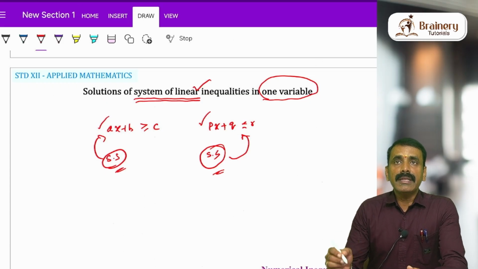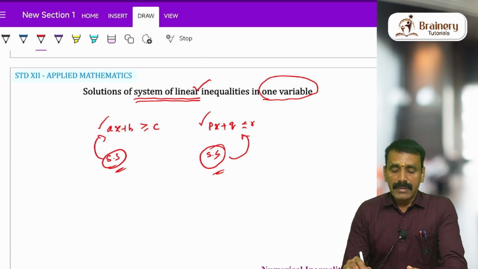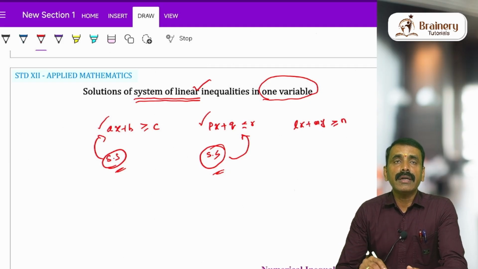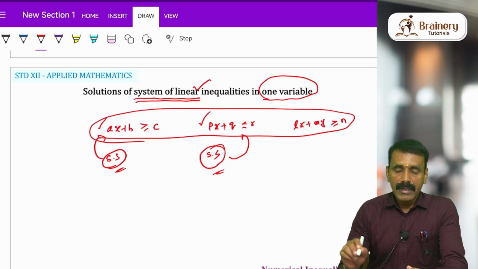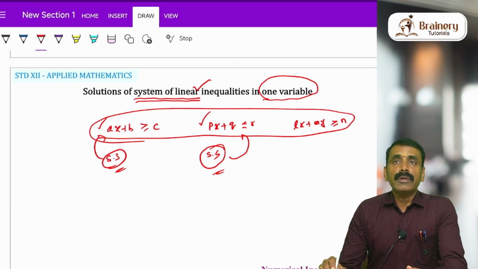Suppose we are going to have another inequality. Is it clear? lx plus my is greater than or equal to n. Another inequality. So this is called a system of linear inequalities, more than one inequality.